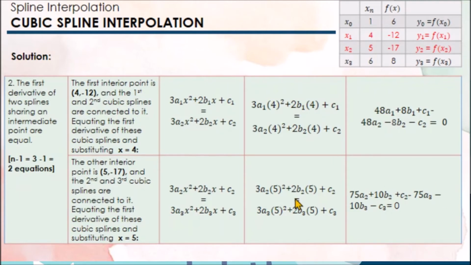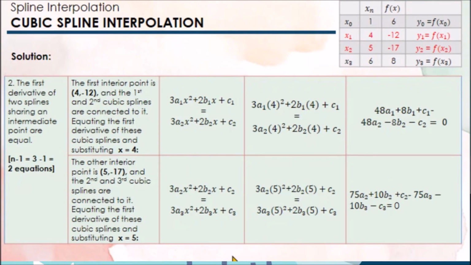So substituting the value of our x, which is 5, we have 3a sub 2 times 5 squared plus 2b sub 2 multiplied by 5 plus c sub 2, that is equal to 3a sub 3 times 5 squared plus 2b sub 3 multiplied by 5 plus c sub 3.